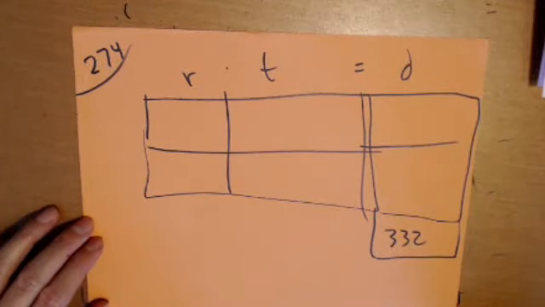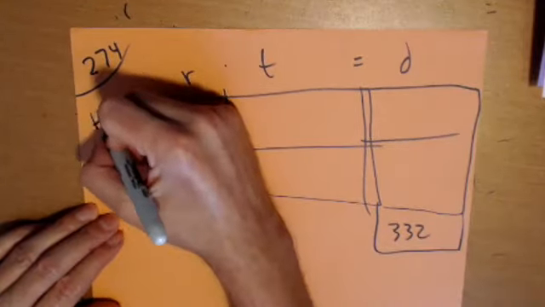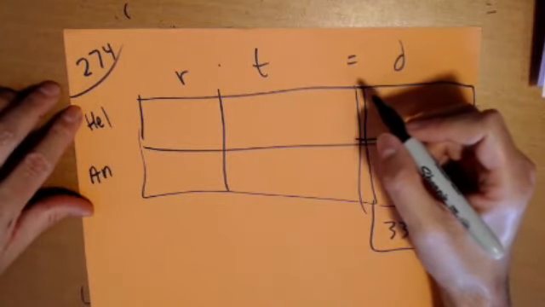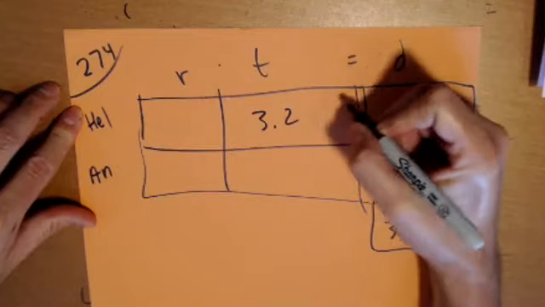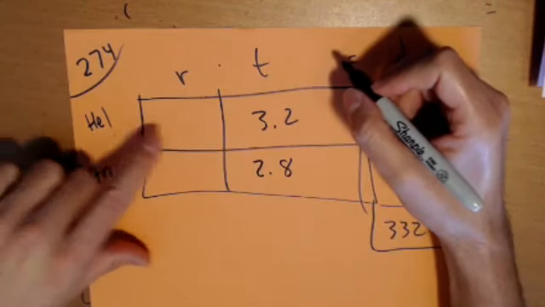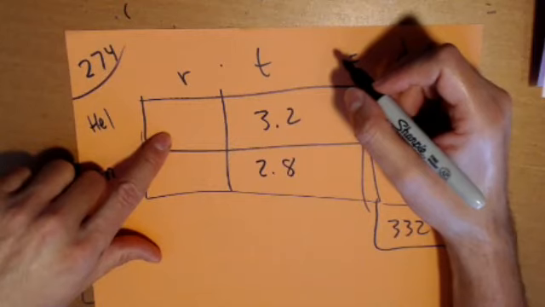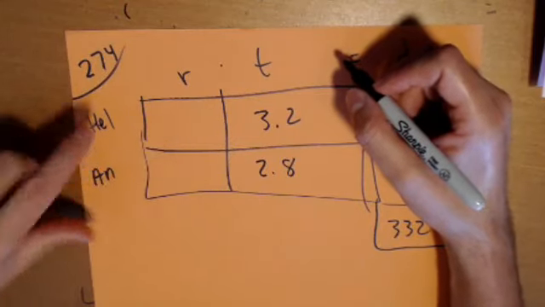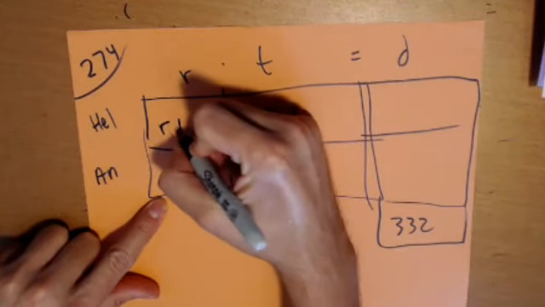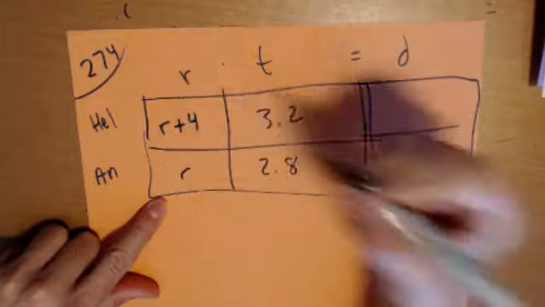Helen drove 3.2 hours, so we have Helen, and Helen drove for 3.2 hours. Ann drove for 2.8 hours. Helen's average speed was 4 miles per hour faster, so R plus 4. Ta-da!